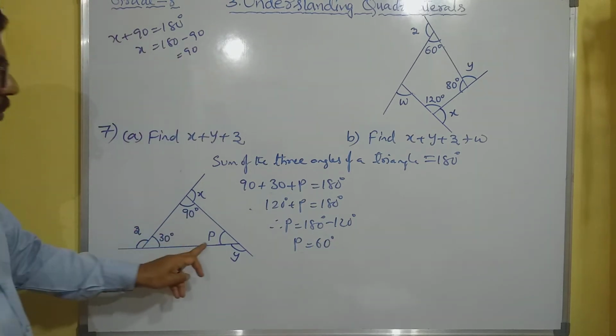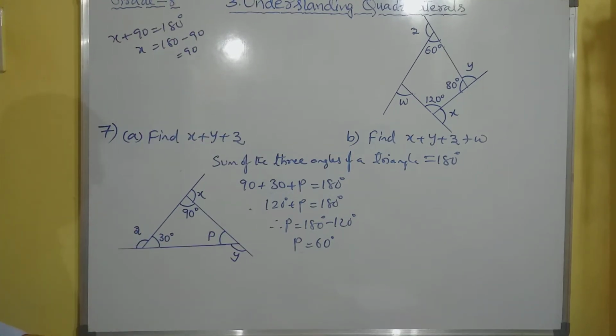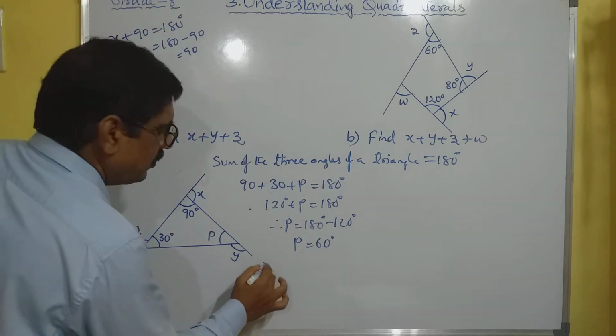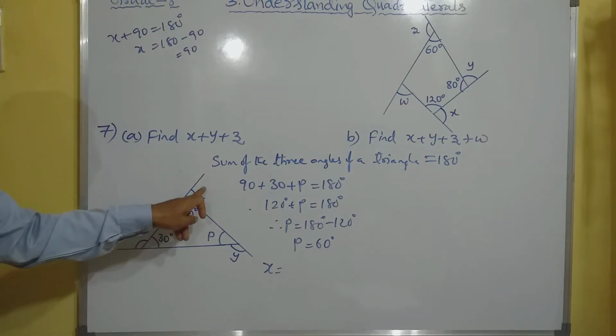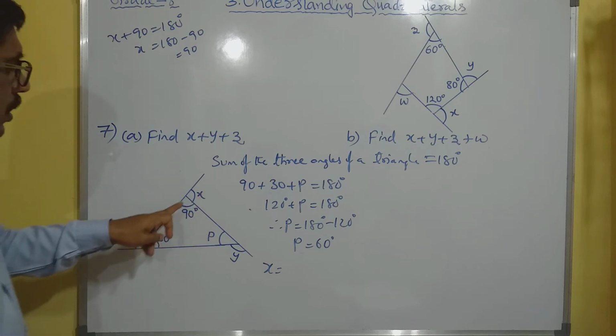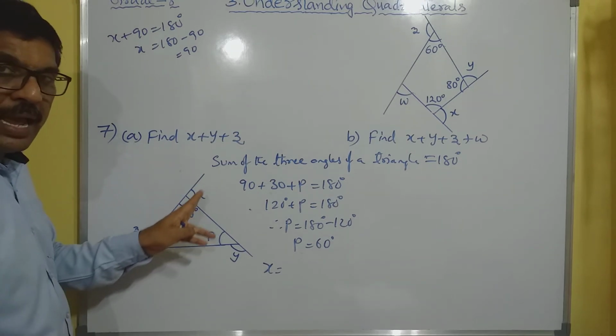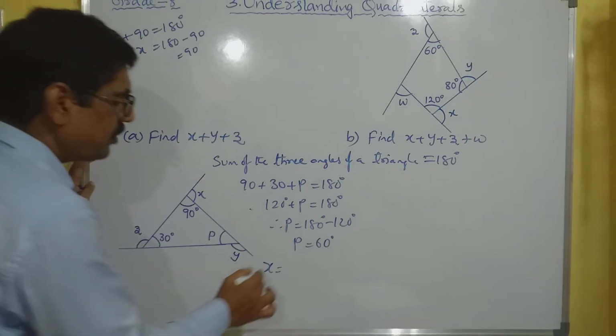Okay, now we have the p value. Now let us find the x, y, z values. What is the x value? 90 plus x is equal to 180. These two are adjacent angles on a straight line.